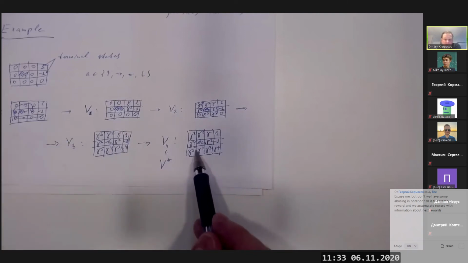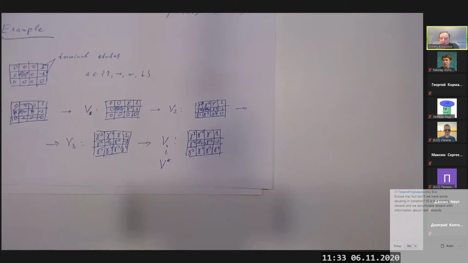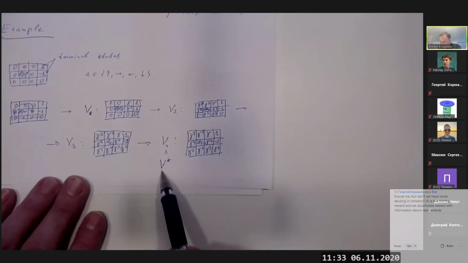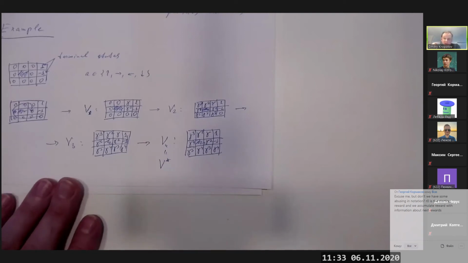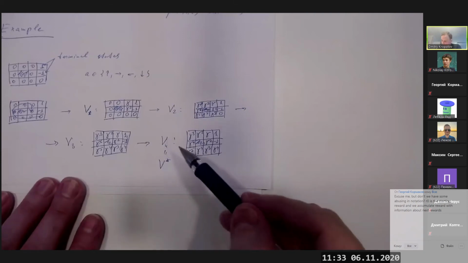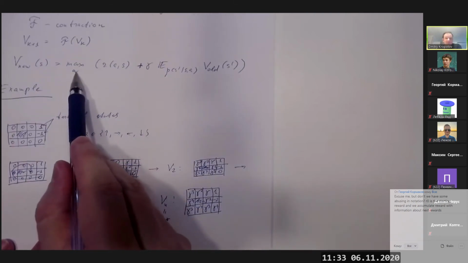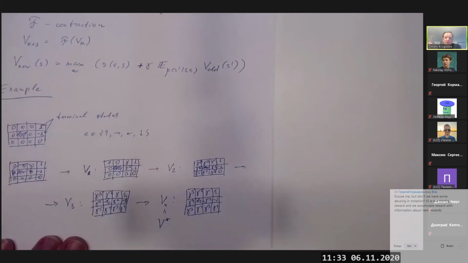That is why here we have gamma to the power of 5, and the same for all the other points. And together with estimating the optimal v function, we also estimate the optimal policy, saving the argmax on each recalculation.